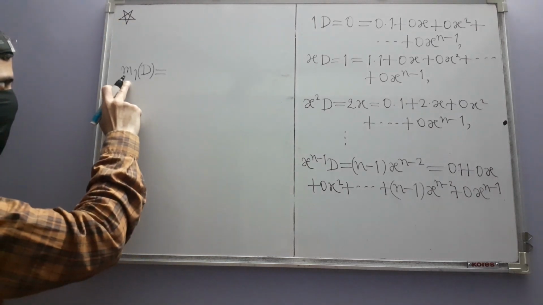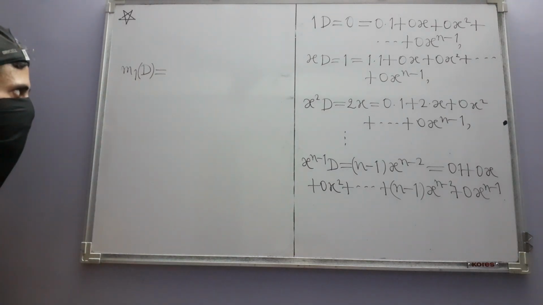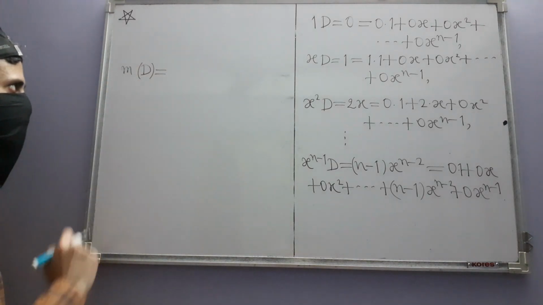Those matrices we will call M2 and M3. That's why we are writing M1, although we could have simply written M.